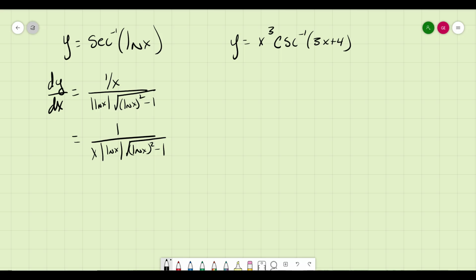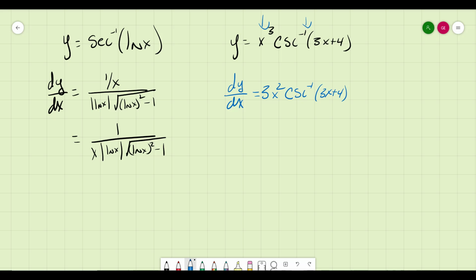Now the second one here I'm going to do is a product rule question. So I say dy dx is equal to, well, this is the first part, so I'm going to take the derivative of this guy first. So that's 3x squared times the second part, which is the inverse cosecant of 3x plus 4.